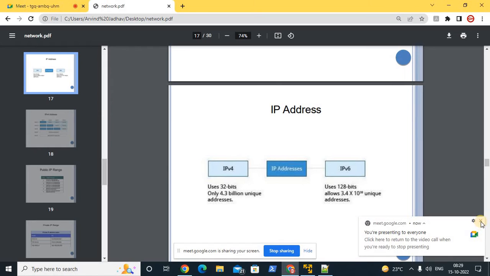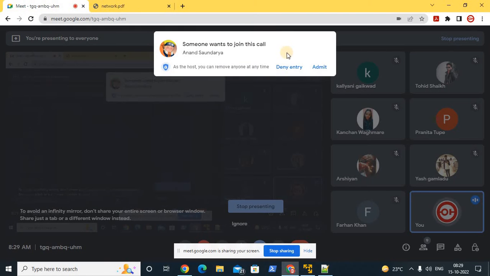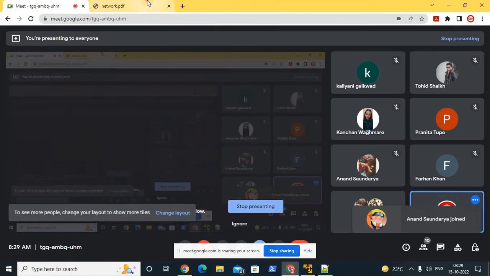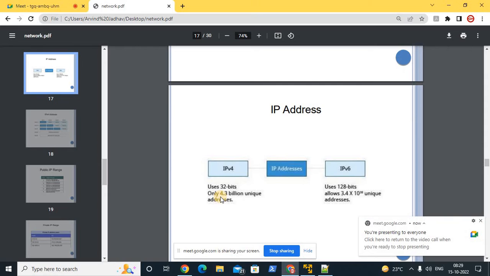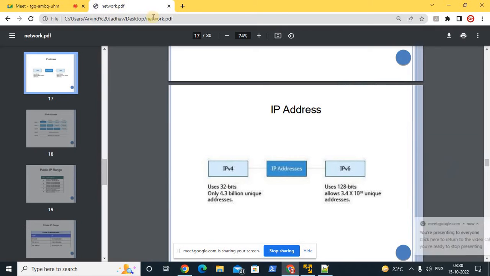After that, it has only 4.3 billion unique addresses. Another property, it has only 4.3 billion addresses. Now, according to the population of the whole world, it would be around 7.3 billion or so. Against that, we have only 4.3 billion unique addresses.